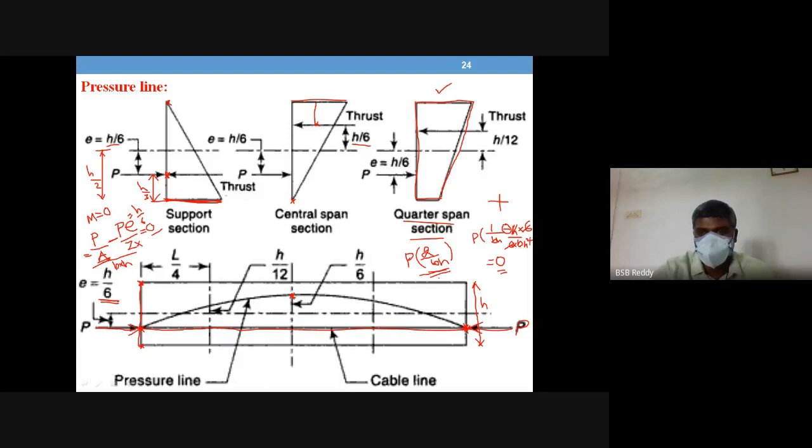And CG, it works out to be H by 12 from center. So H by 12, half of this value. So these points you can locate. So here you are locating H by 6 below CG of concrete. Here you are locating H by 12 above CG line, and H by 6 above CG line at center. Because of symmetry, the same points will be located in the other half also. Just join those points by a parabola.